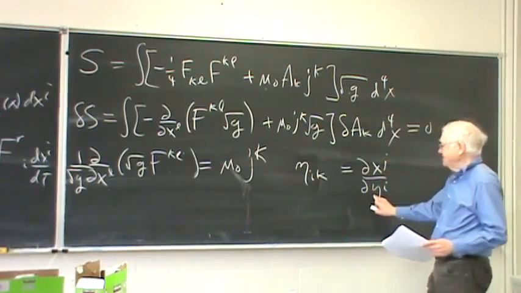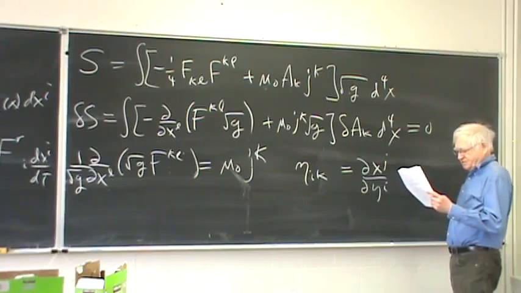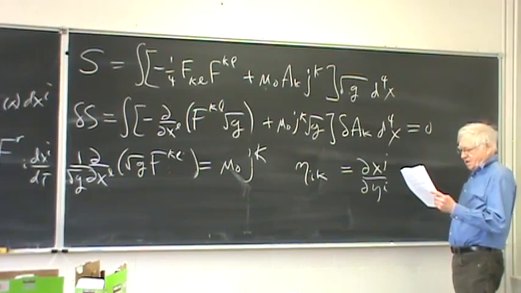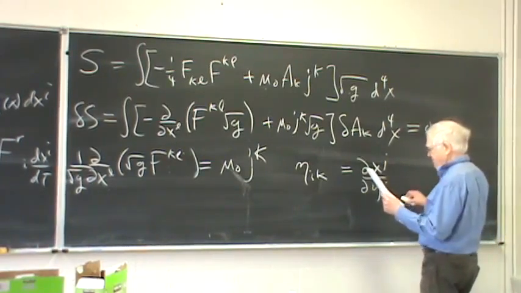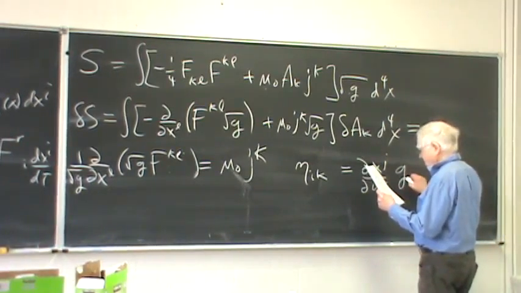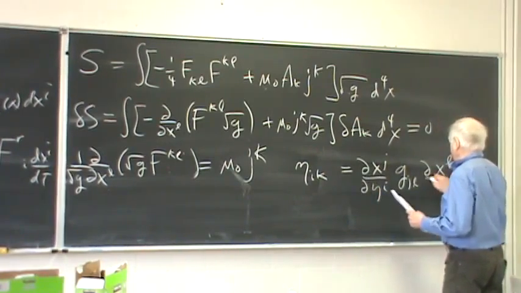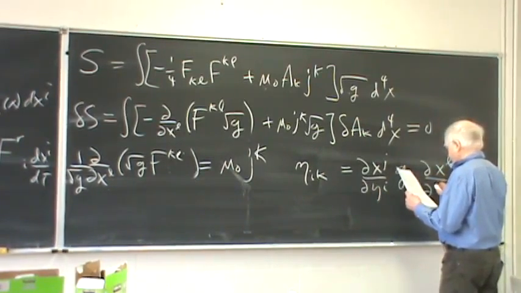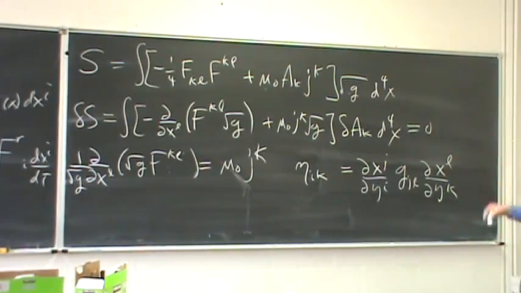I'm taking y to be the coordinates. Well, which are y now? Now I'm confused. Arbitrary coordinates. These are the free fall coordinates. Thank you. g_jl, partial x^l, partial y^k. Okay, so yeah, this is obviously right.